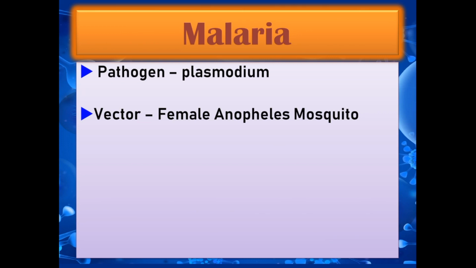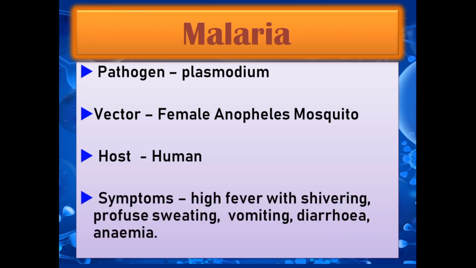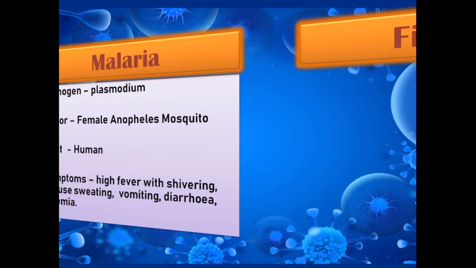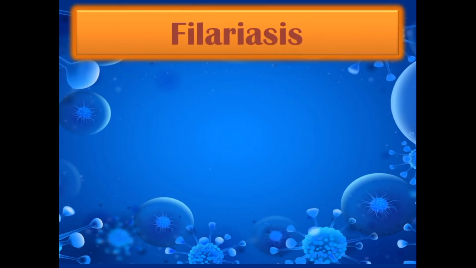So female Anopheles mosquitoes are the vectors which spread the Plasmodium and cause malaria. The host is human. The symptoms include high fever with shivering, profuse sweating, vomiting, diarrhea, that is loose motion, and anemia.